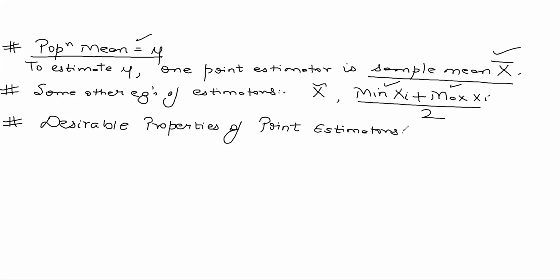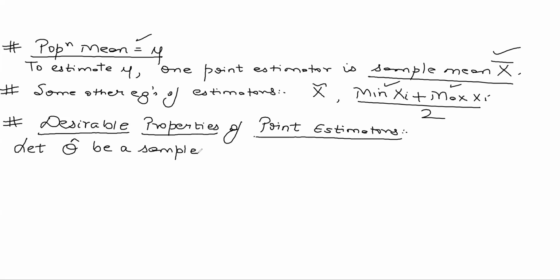So when we look for a point estimator, which is used to estimate the population parameter, what properties should it possess? First of all, let's write the initial part.